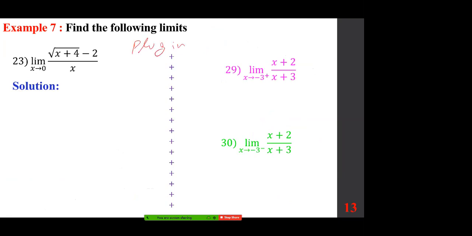I hope you realize if you plug in for number 23, you get 0 over 0. So when we get 0 over 0, or infinity over infinity, or infinity minus infinity, we need to do more work, because they are called indeterminate. We will discuss that later on, but the terminology is indeterminate.